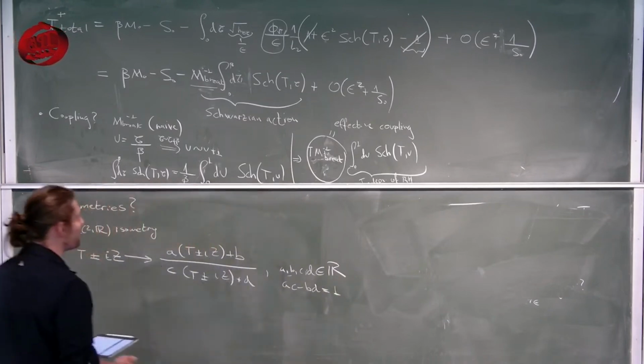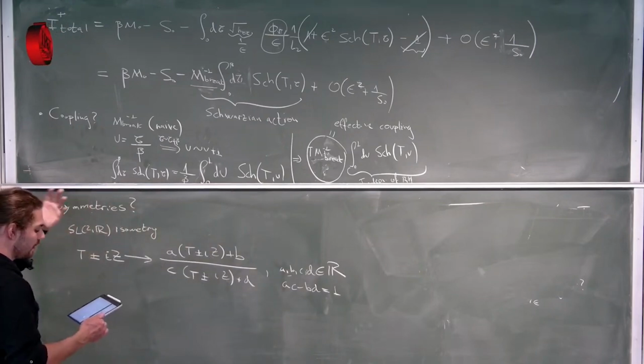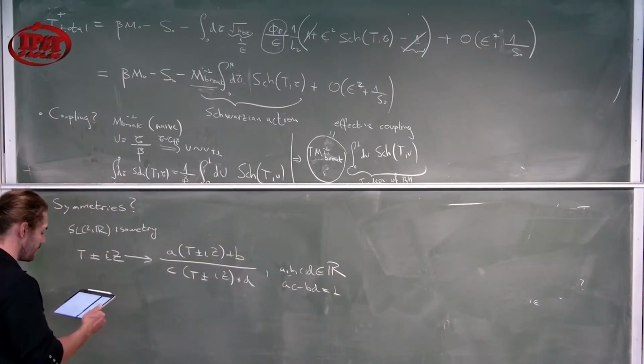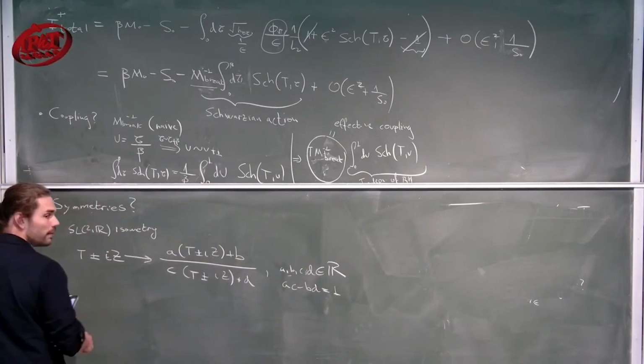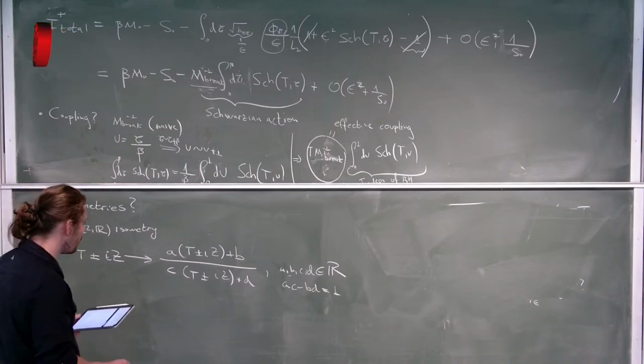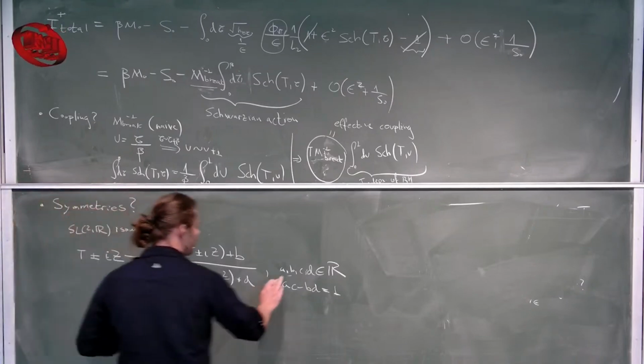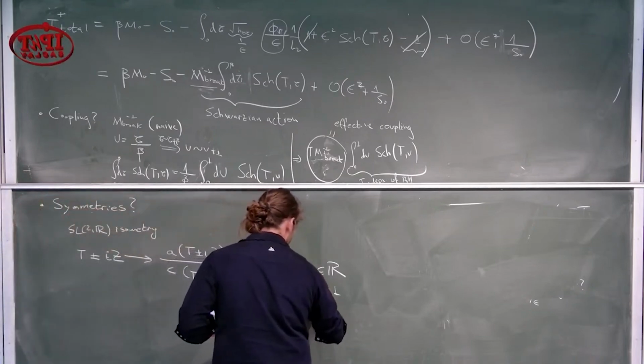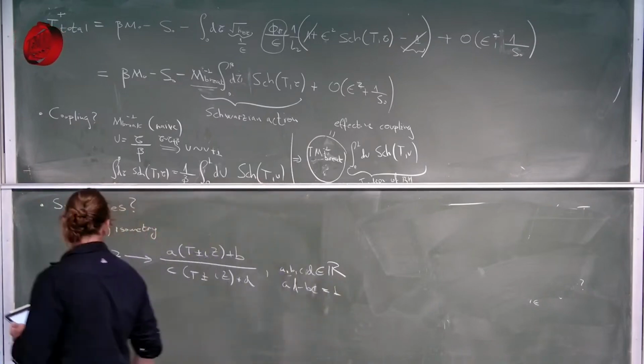I find that the metric itself is invariant under this SL2R transformation. So this is AD minus BC, no? Oh yeah, sorry. My bad. Great.